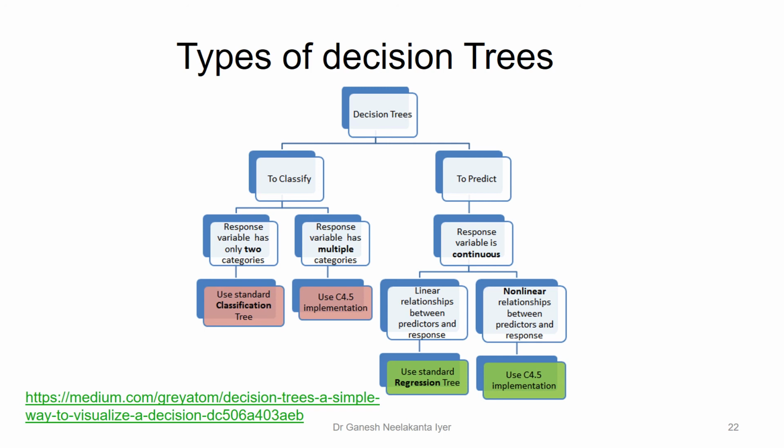And when a decision tree is used for predicting something, the response variable is continuous. When a linear relationship between predictors and response exists, use a standard regression tree. When it is not, which means a non-linear relationship between predictors and response, use the C4.5 implementation.